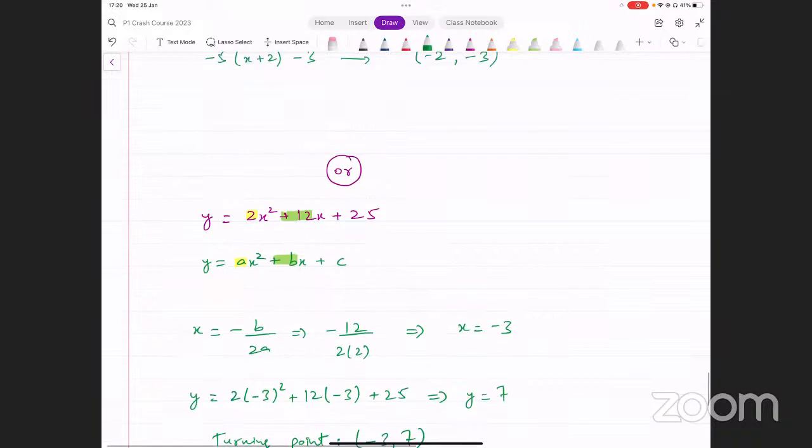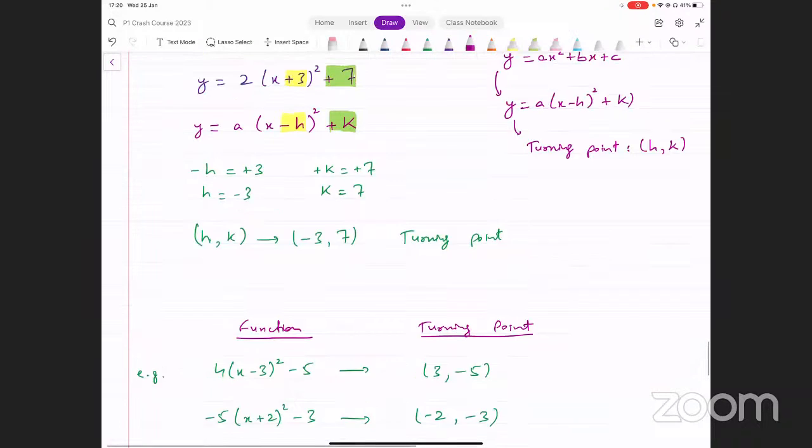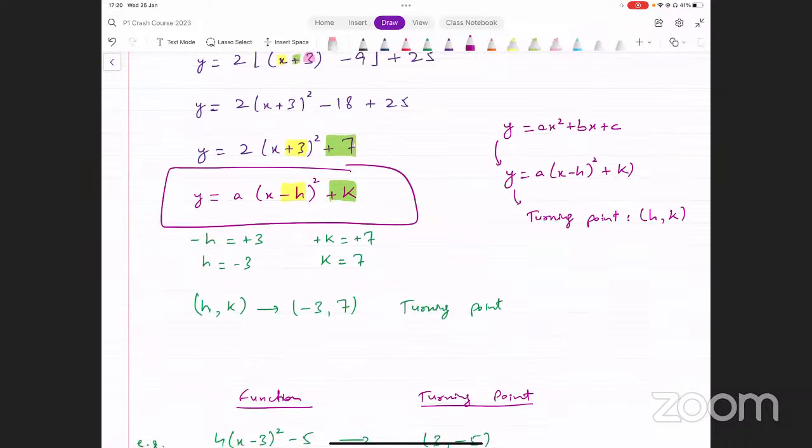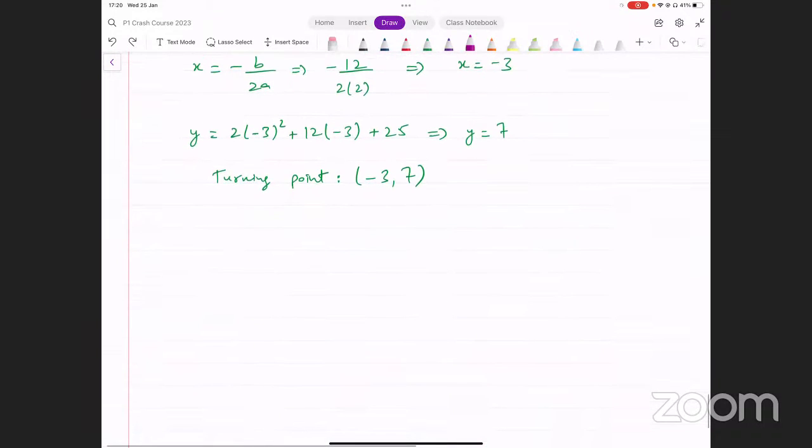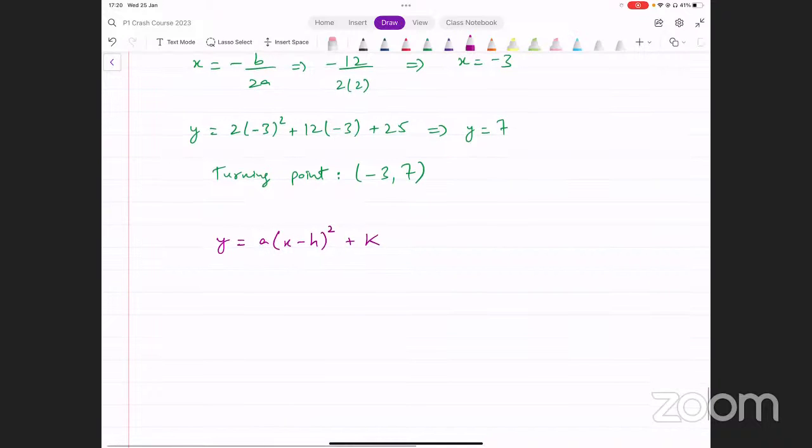Now, if you remember the standard form, along with these signs, minus and plus, write that down here: y equals a into x minus h whole squared plus k. This is the standard completed square form.